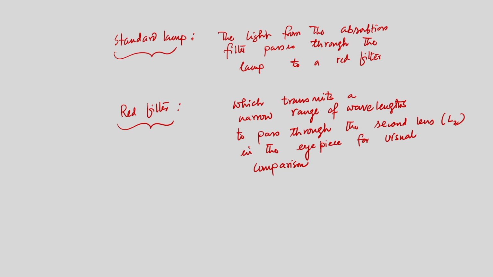Next, the standard lamp is there. The light from the absorption filter passes through the standard lamp to the red filter, which narrows down the wavelength of the light, and the red filter then directs the light to the second lens in the eyepiece, essentially for the visual comparison.